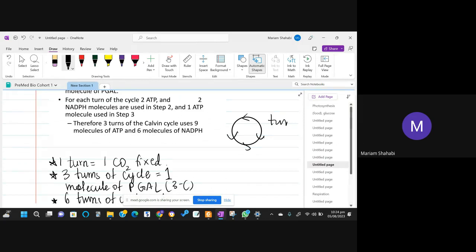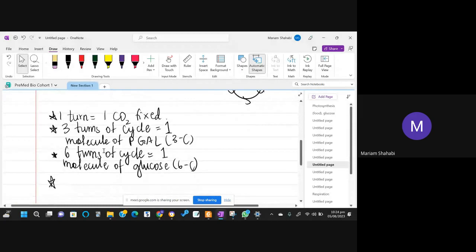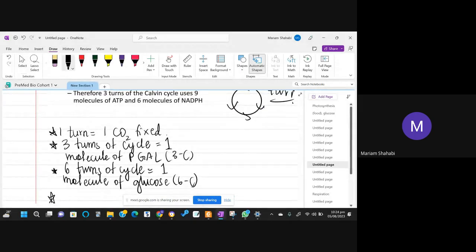So that's one turn of the cycle. With one turn of the cycle, one carbon dioxide molecule is fixed into RuBP. RuBP is a 5-carbon compound. When this 5-carbon compound reacts with CO2, plus 1 carbon, you will get a 6-carbon compound. That was unstable so it broke into 3-carbon compounds.